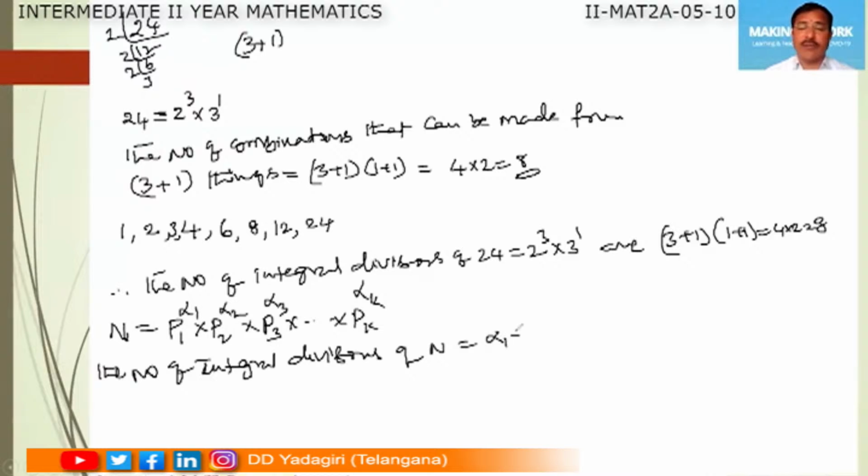So that is equal to alpha 1 plus 1 into alpha 2 plus 1 into alpha 3 plus 1 and so on into alpha k plus 1.